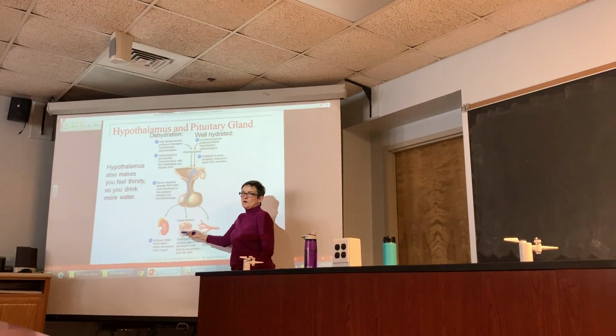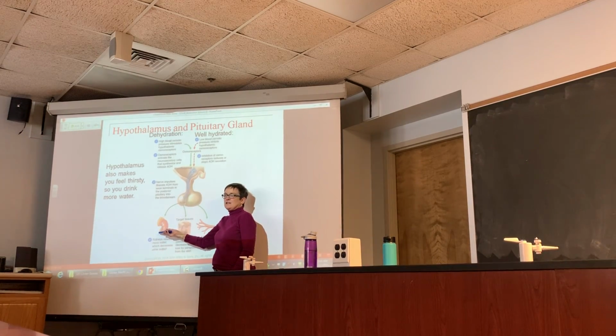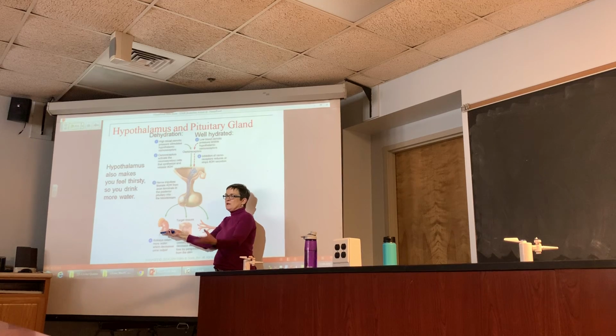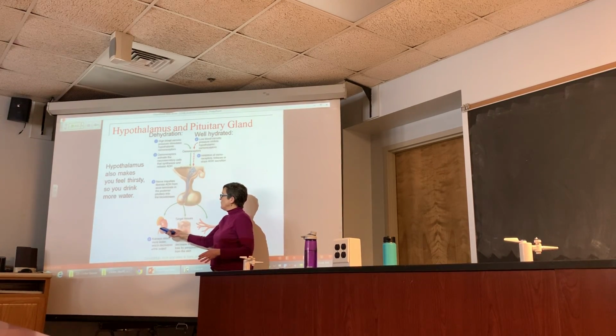You can sweat more, you can vasodilate your arteries and lower your blood pressure instead of trying to raise it. And your kidneys are not going to reabsorb as much water, so you'll have more diluted urine. So you're either concentrating your urine or putting out more urine, depending on whether or not you're producing ADH. ADH concentrates the urine. No ADH makes you urinate more.